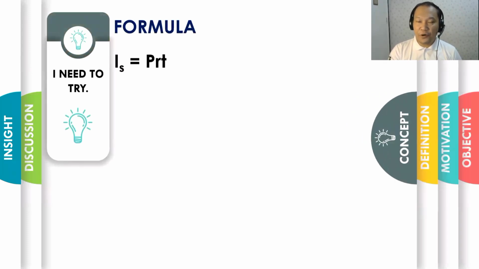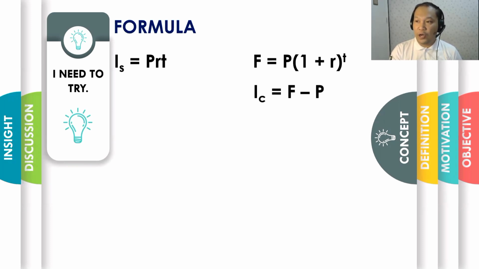Now, to find the simple interest, we have I is equal to P times R times T. While if we are going to find the compound interest, this will be our formula. F is equal to P times the quantity, 1 plus R raised to the power of T. And to find the compound interest, therefore, F minus P.